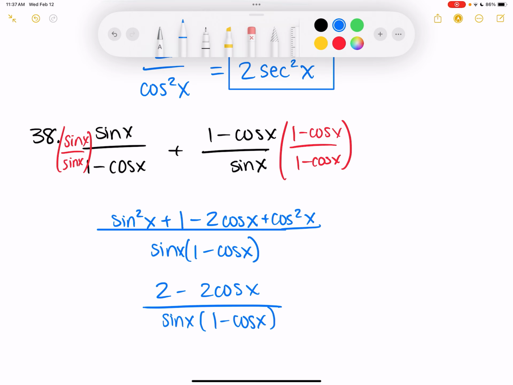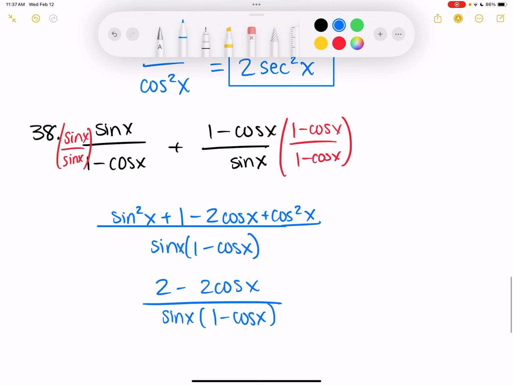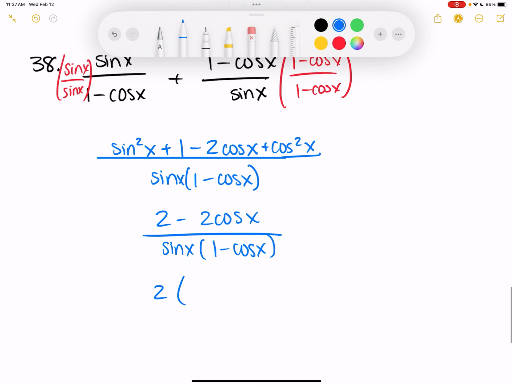So now on the top, notice both pieces on top have a 2 in them, so I'm going to factor a 2 out. So I have 2 times 1 minus cosine of x over sine of x times 1 minus cosine of x.